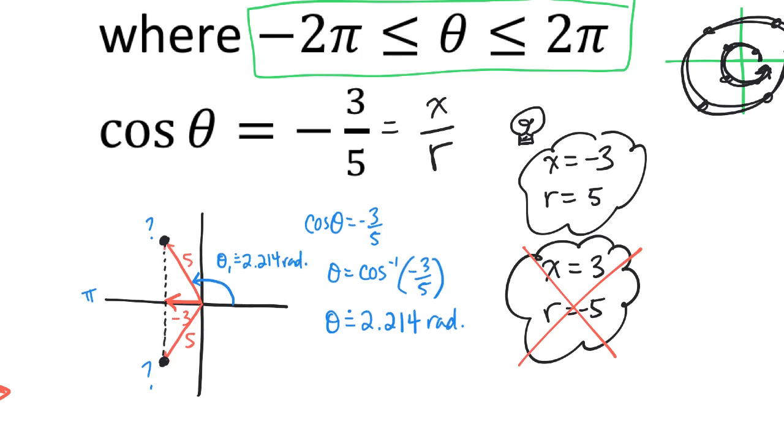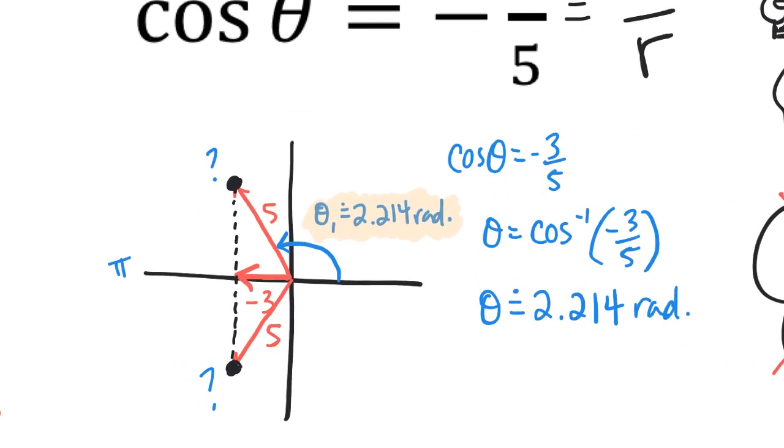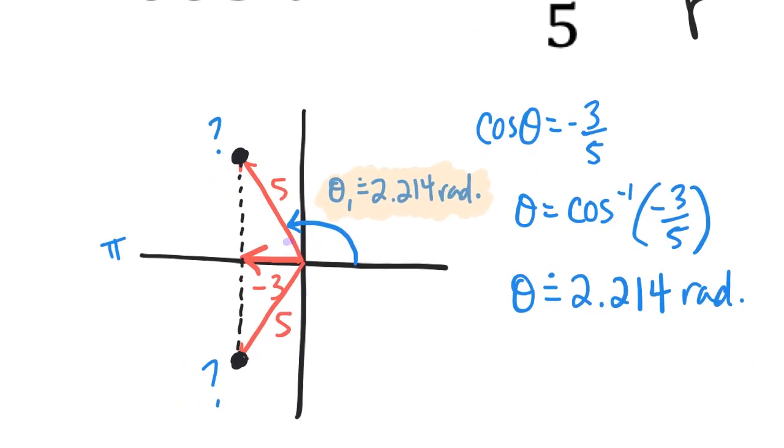That's really awesome. Now next, we need to figure out what our related acute angle is, because the related acute angle is this angle here, and it's also this angle here. So I can either find what that related acute angle is and add it to theta 1 twice, or I can add it just once to the amount of pi.